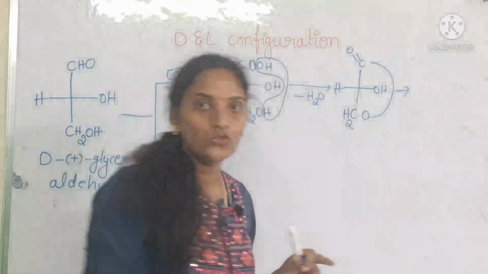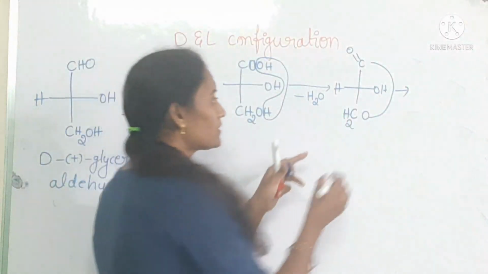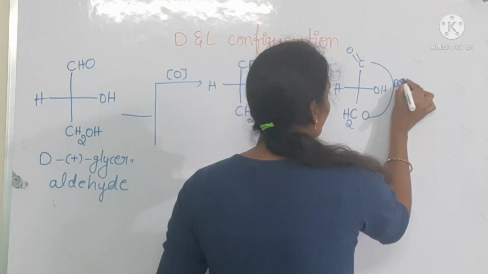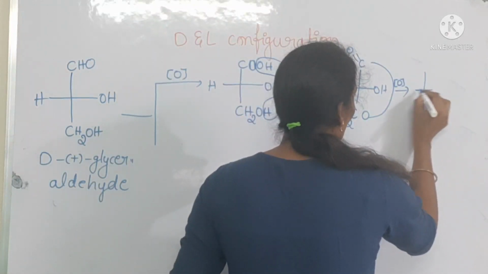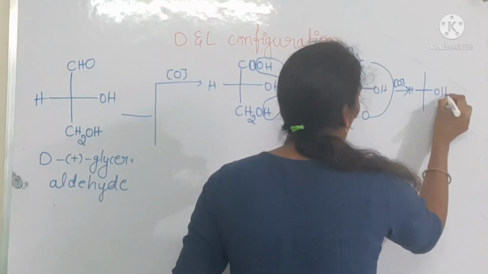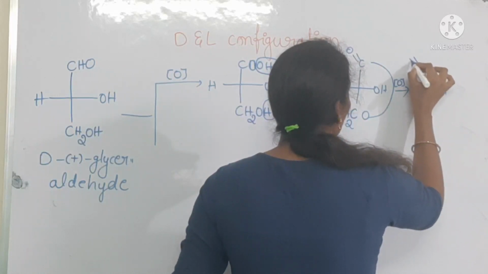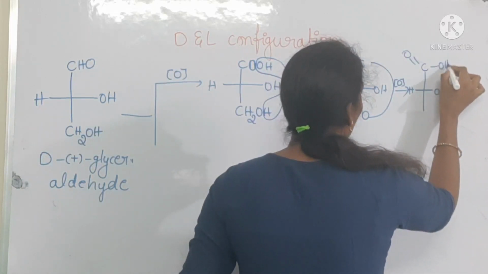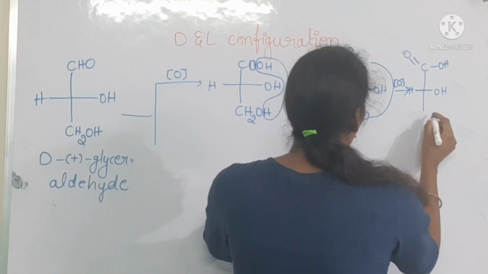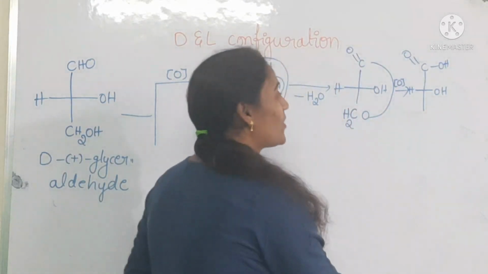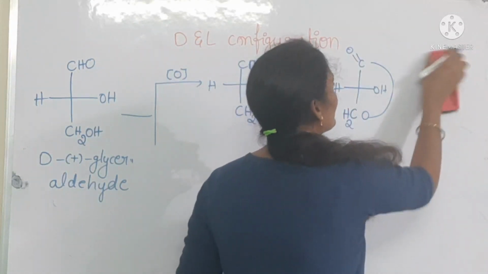After that, you have to do oxidation to this molecule. This is hydrogen, this is OH, C double bond O, OH. Sorry, this is not oxidation, students, this is a reduction.